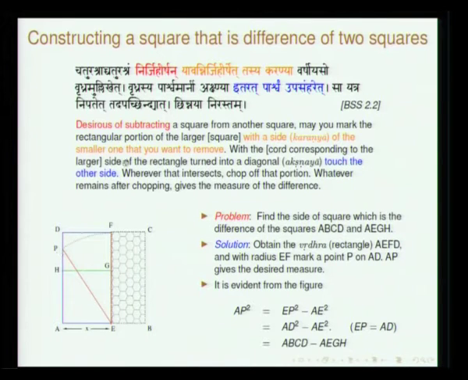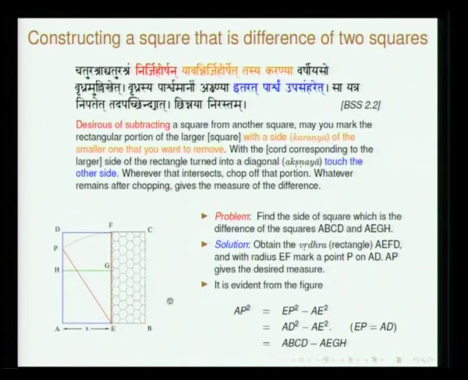So, once you do that, what you will get is basically the area of the square which is the difference of the two squares. AP is the measure which gives the side of the difference of the two squares.